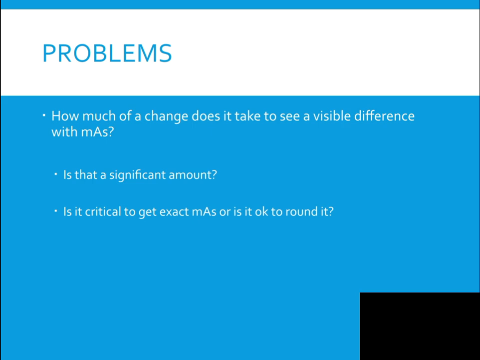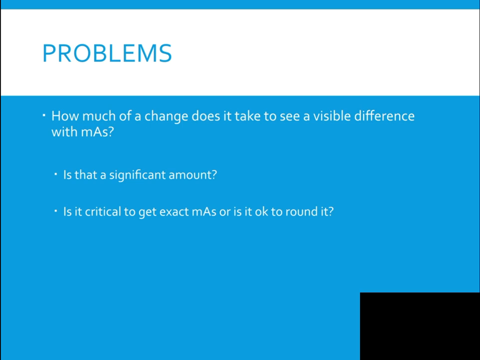Is it critical to get exact mass, or is it okay to round it? Well, no, it's not real critical. If you notice, most of your machines won't get to the exact mass that you would want in a lot of cases. Some of your machines may give you 2.6 mass. Well, what if you needed to double 2.6 mass? You'd have to get to 5 mass. But a lot of your machines won't get to 5 even.